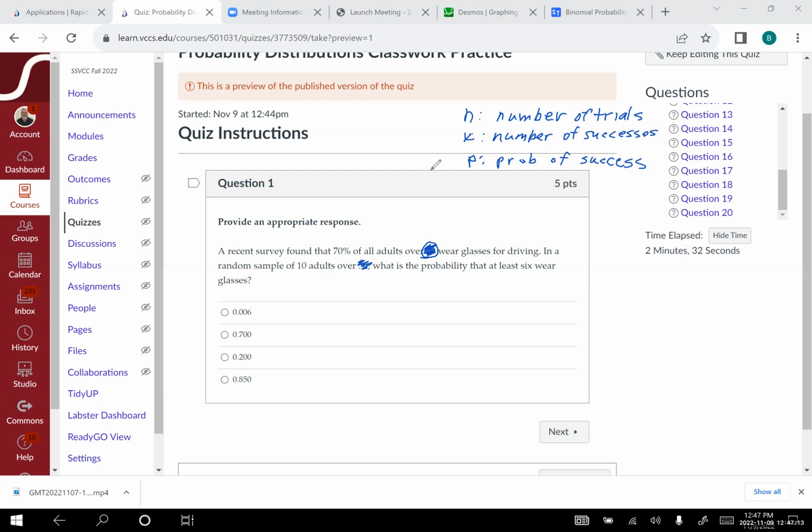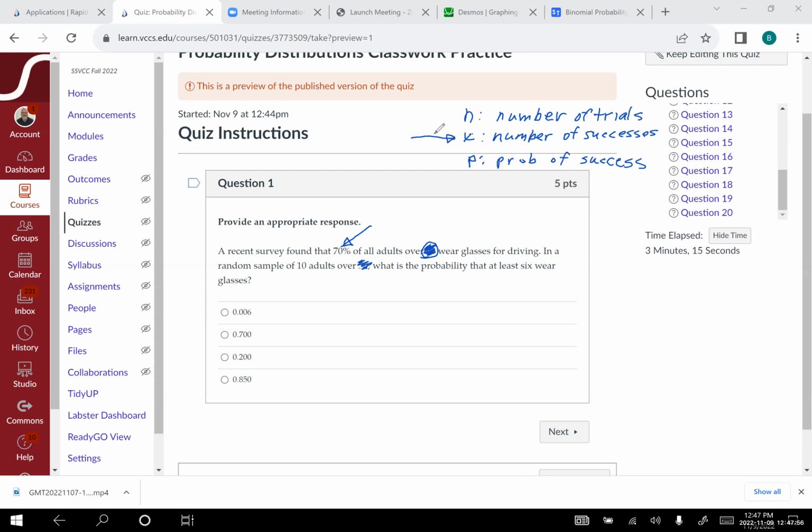Now, N, X, and P is what I'm looking for. What is the 70%? It says that's the probability that somebody is wearing glasses. So would that be N, X, or P? Would it be N or would it be P? Yes, your second answer was correct. It's the probability of success. So usually when we're identifying a probability, we can look for something that's a percent or a decimal. And when I say probability of success, that changes for each problem.